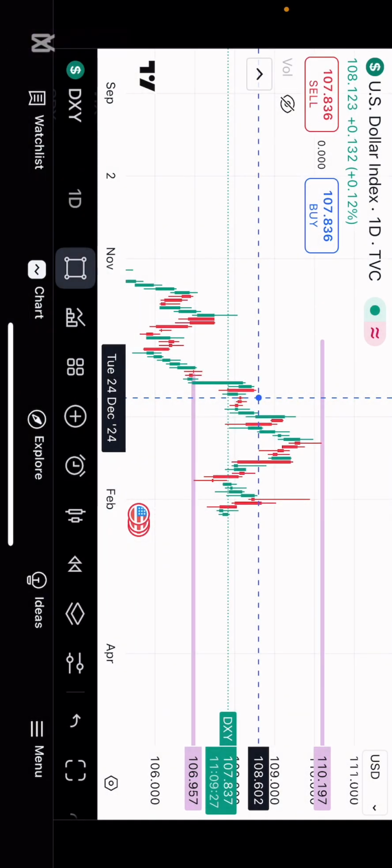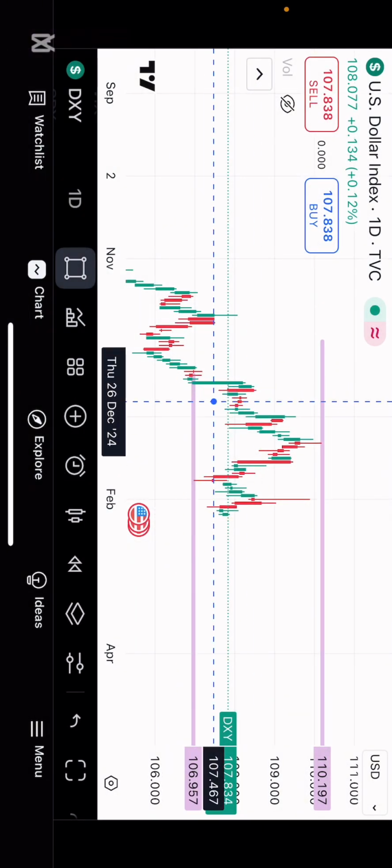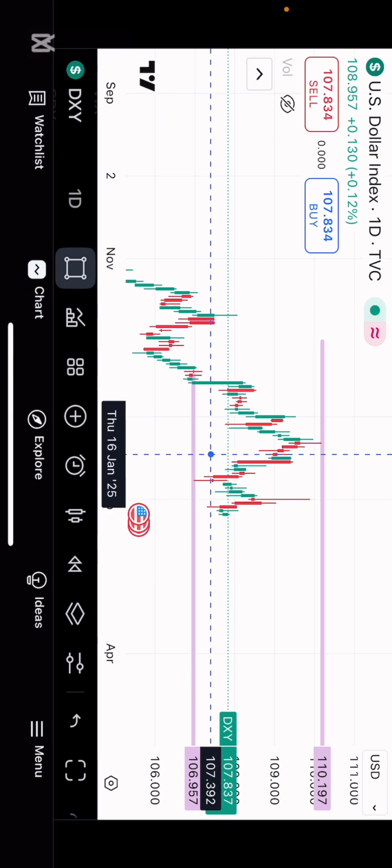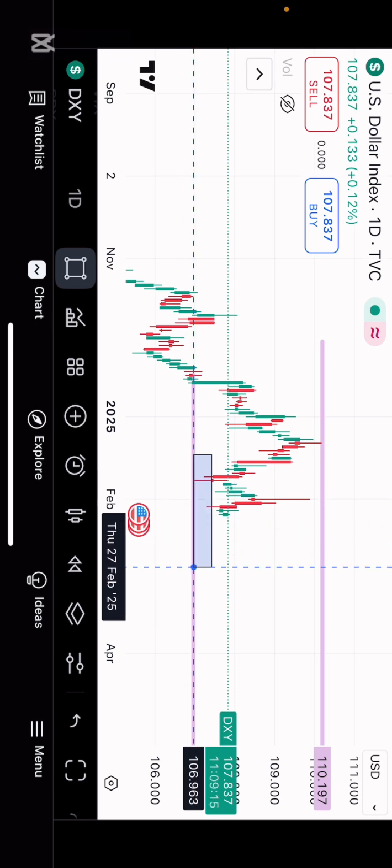If you're going to outline a resistance zone, you draw it like this. That is a resistance zone. It is a zone where the market has bounced off a couple of times in the past or currently. That is a turning point in the market, basically.